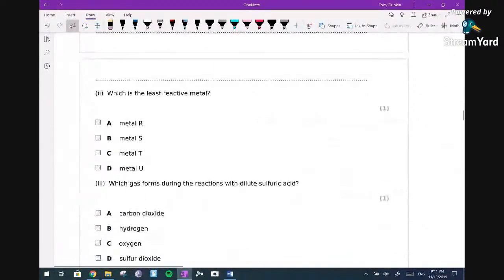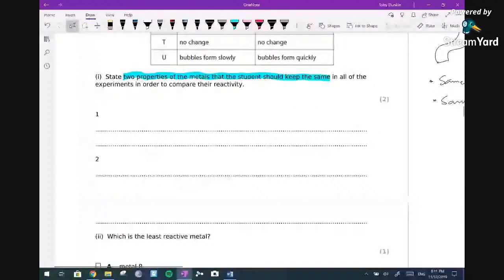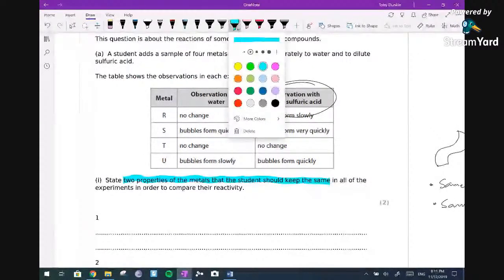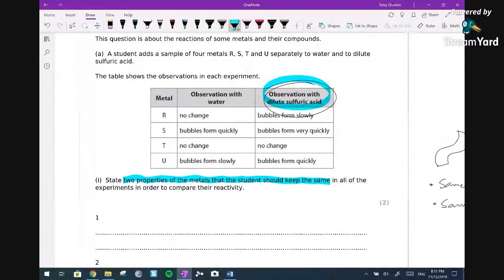Next, which is the least reactive metal? Right, what are they doing? Observations with sulfuric acid. Right, bubbles, no change, bubbles very quickly, bubbles form quickly. Right, so most reactive, second most reactive, third most reactive, fourth most reactive.